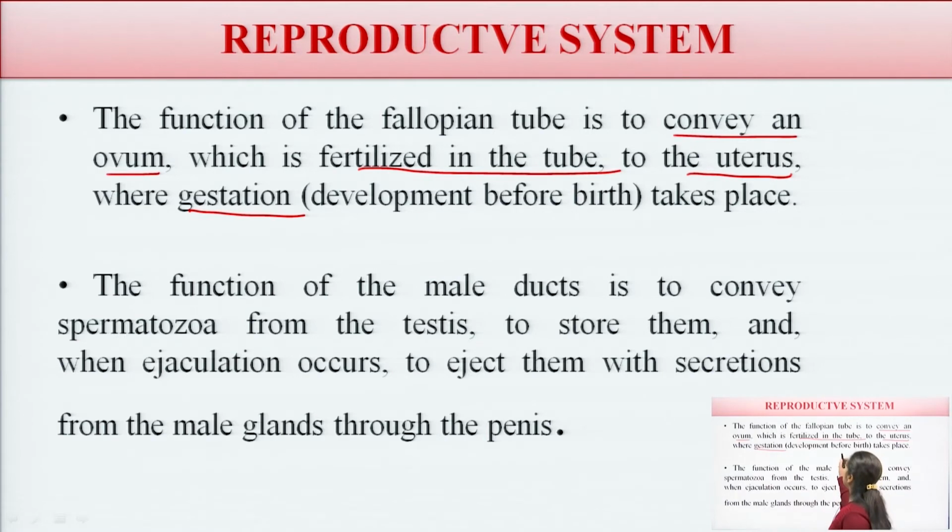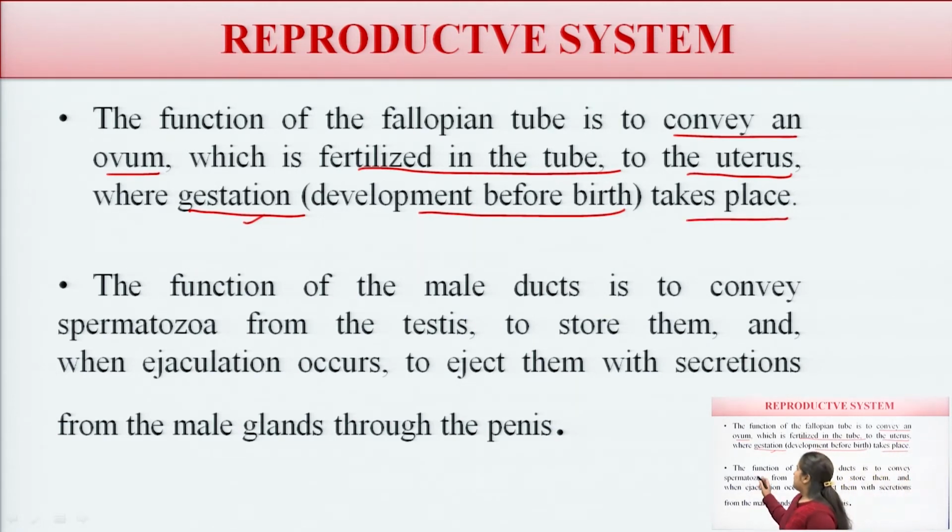Gestation is the development before birth; when the baby is in the womb, that period is known as the gestation period, and it takes place in the uterus.